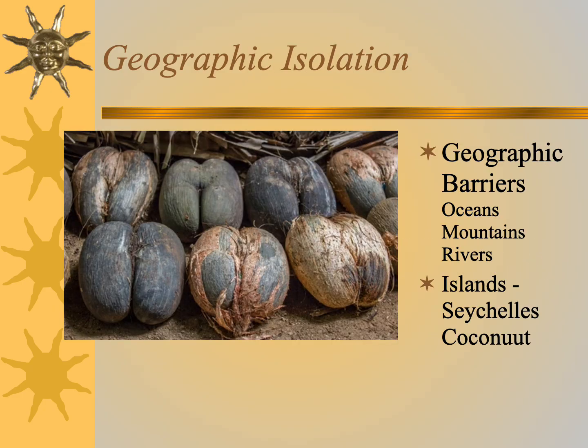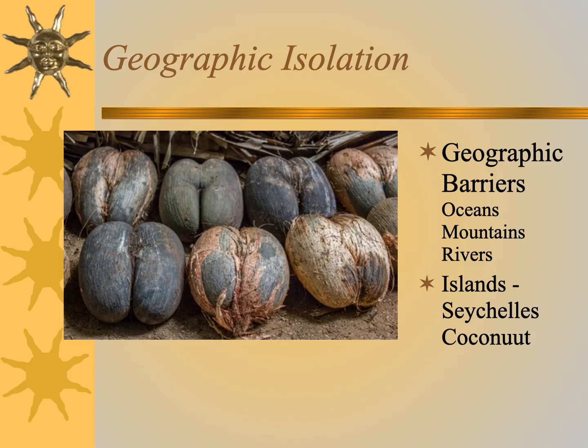And so a good example is that coconut palms occur throughout the world in tropical and subtropical areas. They are geographically isolated, but their seeds, the coconut, is really designed to float long distances. But even then, that gene flow may not be enough to prevent new species from developing on islands.